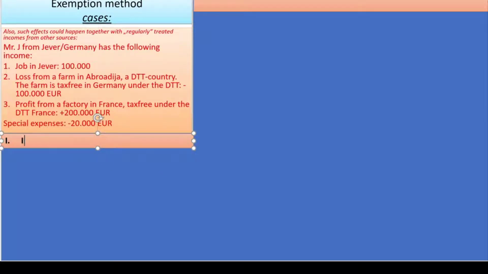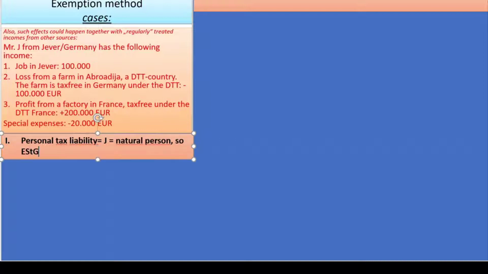Personal tax liability is again a clear thing. Mr. J is a natural person, so ESTG applies. We have to deal with unlimited tax liability, paragraph 1.1 ESTG, because J lives in the German inland, so worldwide income is in principle relevant for taxation.